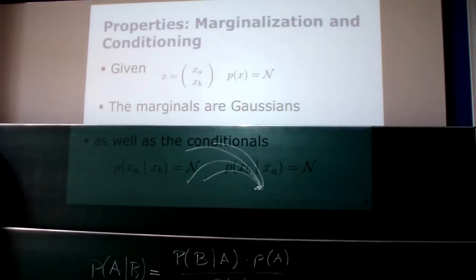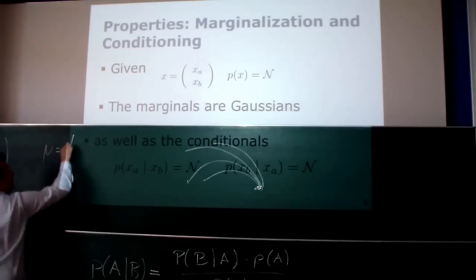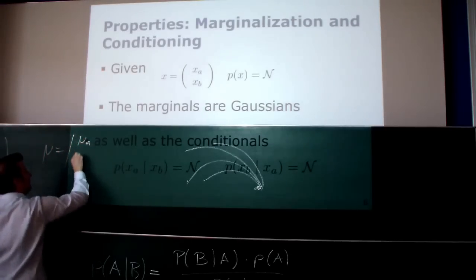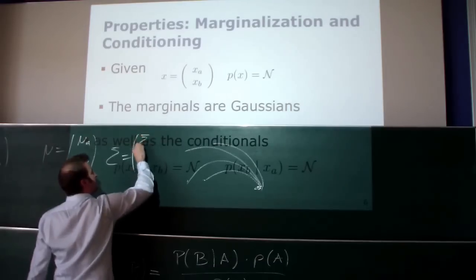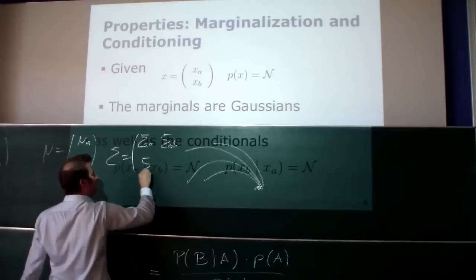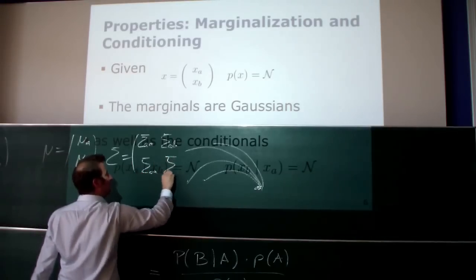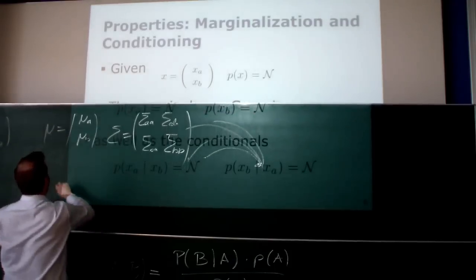This was your vector x, consisting of xa and xb, the mean was mean a, mean b, and sigma was made of the blocks sigma aa, sigma ab, sigma ba, sigma bb.